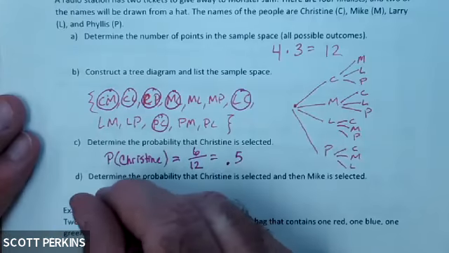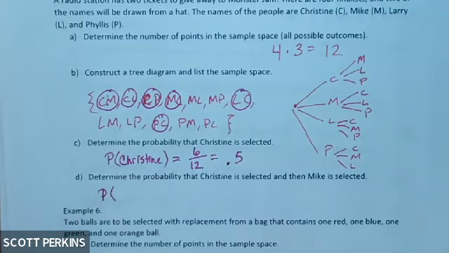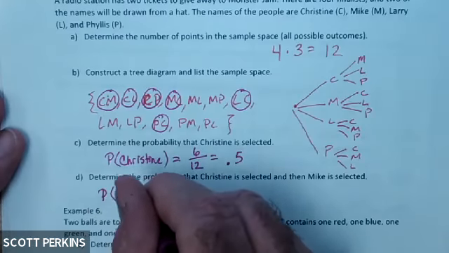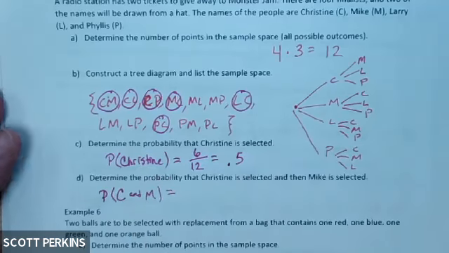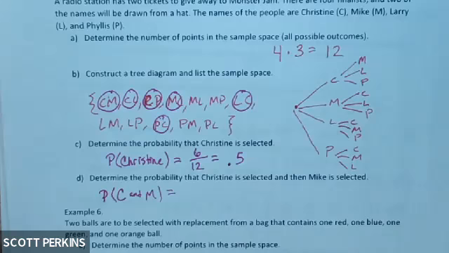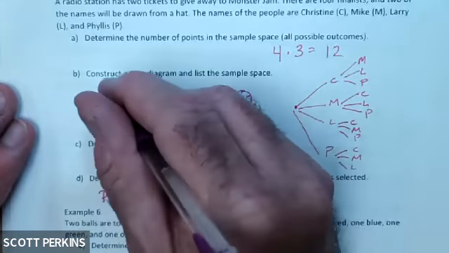All right, the second one says, okay, we're going to get a little more specific. What's the probability that Christine is selected and then Mike is selected? Christine and then Mike. And so how many times does that specific arrangement happen? Yeah, it only happens once. Okay, I'm just going to put a little check mark right there.